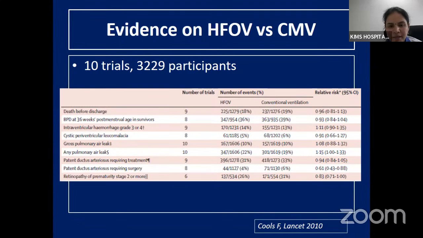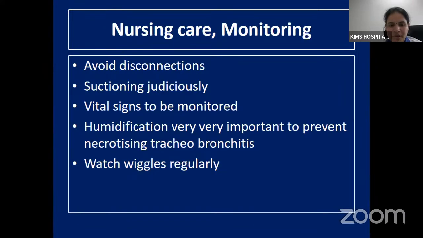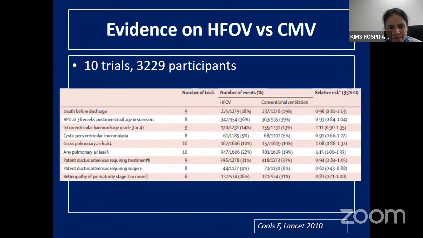When it comes finally to the evidence on high frequency ventilation, this is a relatively old systematic review. This did show that the elective use of high frequency ventilation when compared to conventional ventilation did not result in improvement of any of the major morbidities, including death before discharge, the incidence of bronchopulmonary dysplasia, the incidence of severe intraventricular hemorrhage or cystic periventricular leukomalacia.